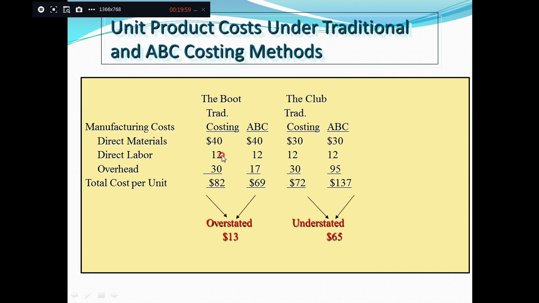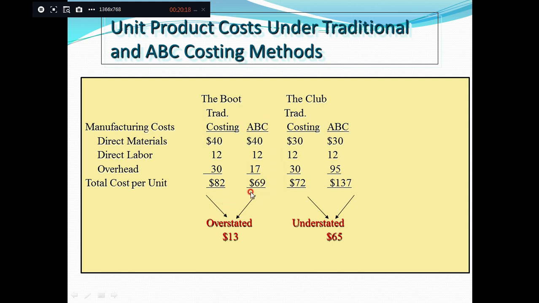Direct labor is 12, the same, but there is a difference in overhead. Overhead using the traditional costing method is $30 for the boot, but when you are using ABC costing, it is $17. So the total cost per unit is 82 under traditional costing and 69 under ABC costing.